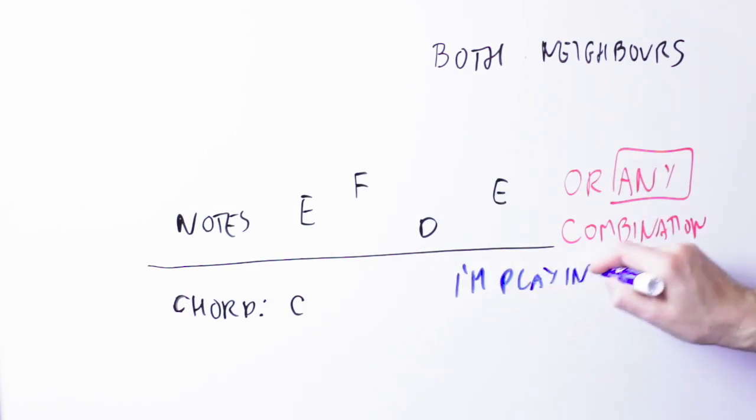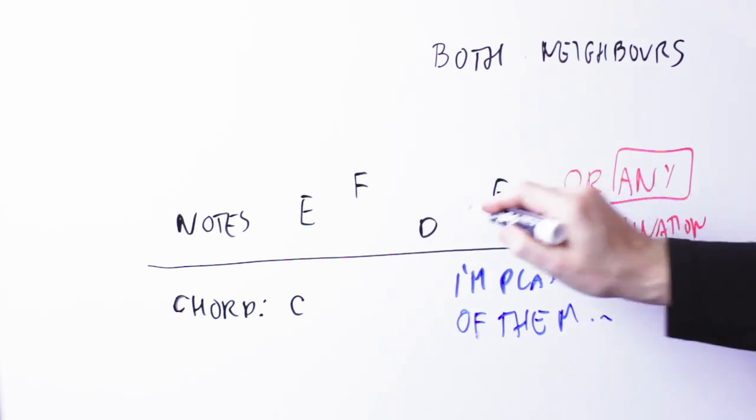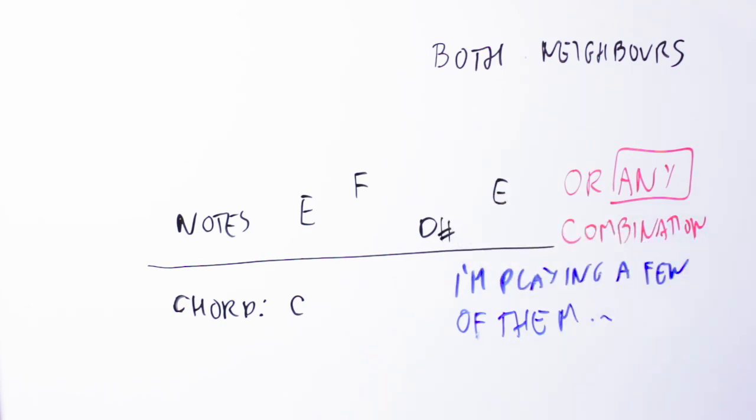So for instance, if I play a C chord with an E note on top, it sounds this way. This is with diatonic notes. With chromatic notes, it will sound this other way. And of course, you can omit the first note and get an incomplete double neighbor note.